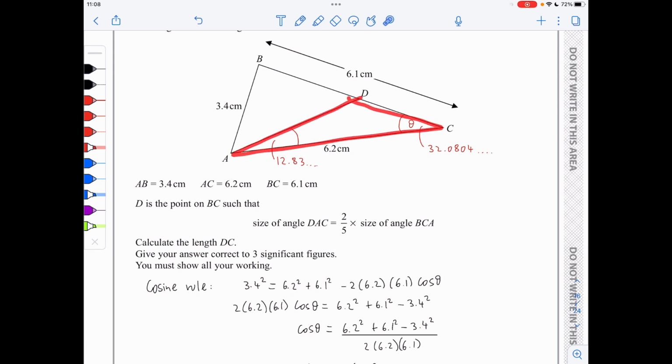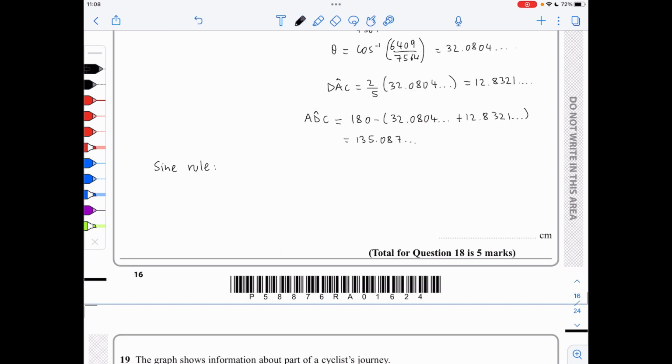Remember, we're trying to find DC, and I will be using the sine rule. The sine of the angle D here over 6.2 will be the sine of 12.83 over the unknown side DC, and therefore sine of 135.087 over the 6.2 is equal to sine of 12.8321 over DC.